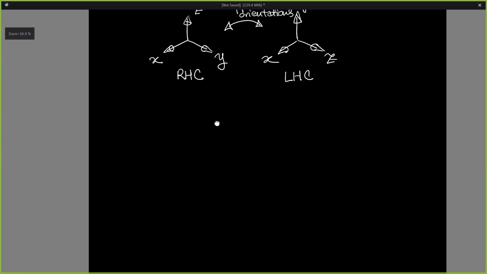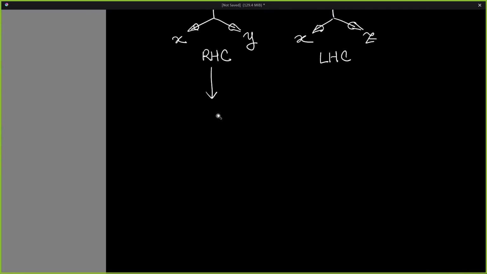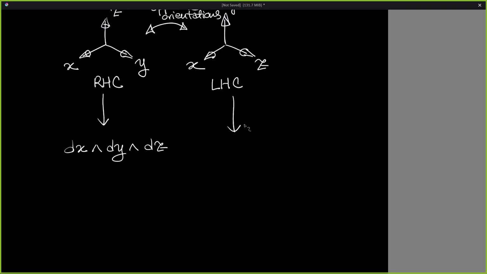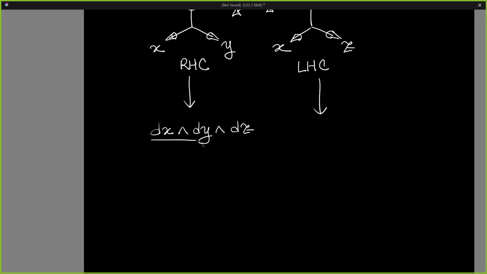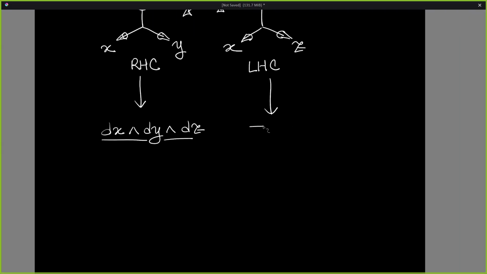So for example, on this one, the standard volume form would look like this: dx wedge dy wedge dz. This would be the standard orientation, and this one would not be the standard orientation. It would be dx wedge dz wedge dy, which is equal to, remember that we have that anti-symmetry property of the wedge product.